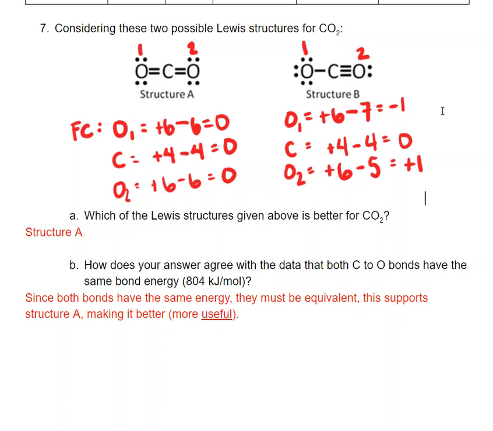In fact, whenever we measure those bond energies, we find that they both have the same bond energy. That matches structure A better because both of those bonds are equivalent in structure A. So this again supports that structure A is more useful because it better matches our experimental observations.